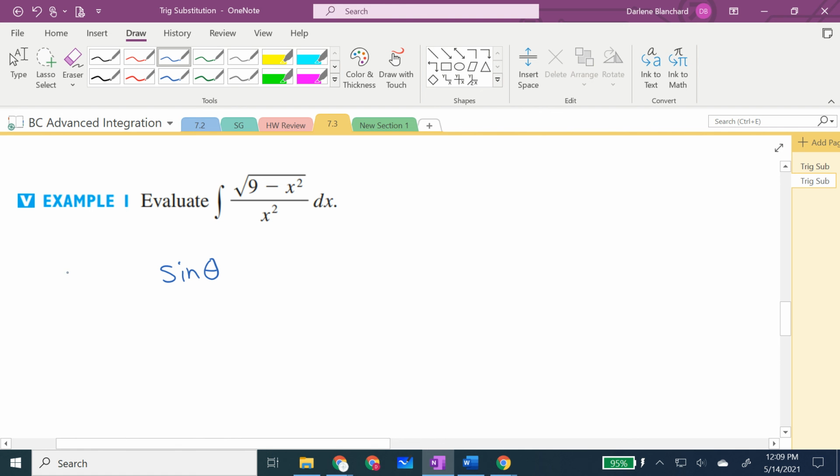So I'm going to tell you that this is the u part of my u substitution. I pick a trig function and I set it equal to the function that is being squared divided by the number that is being squared.